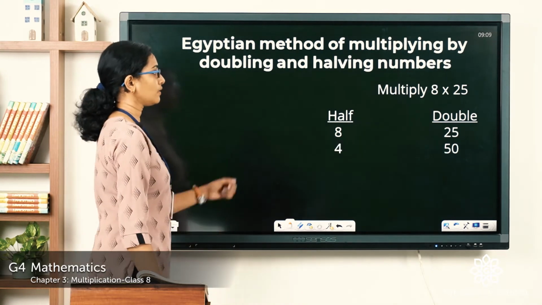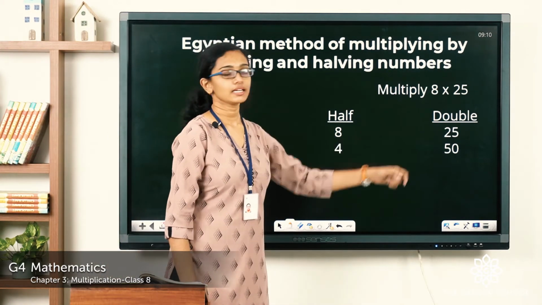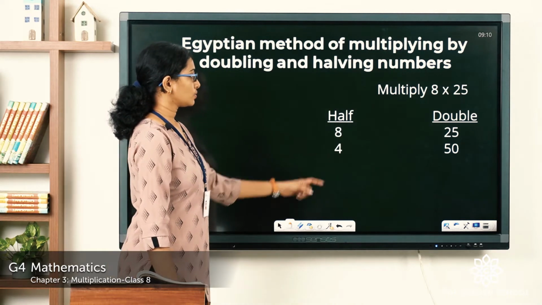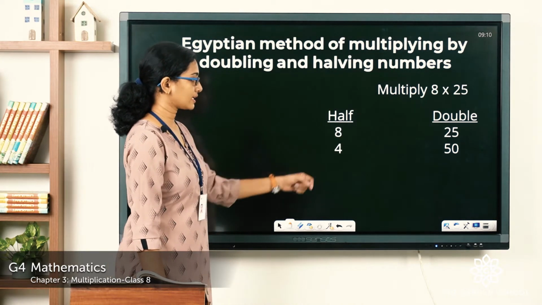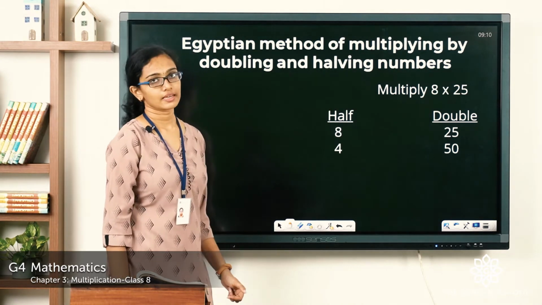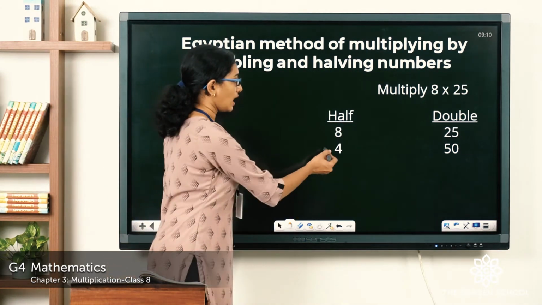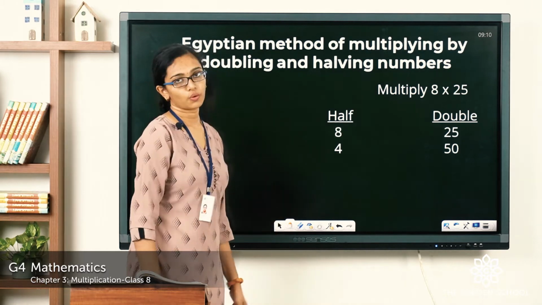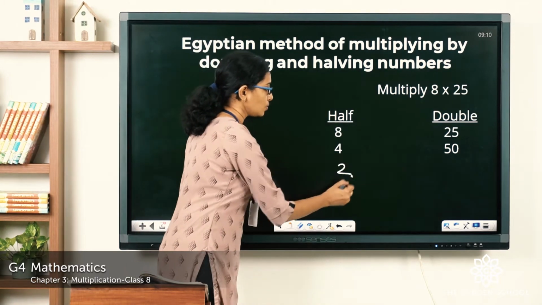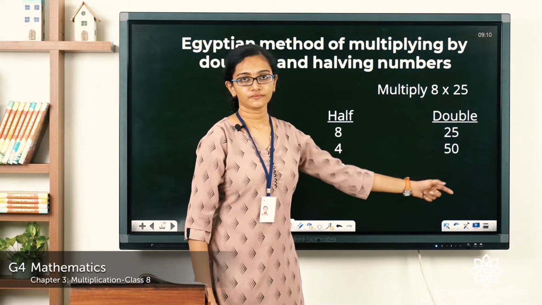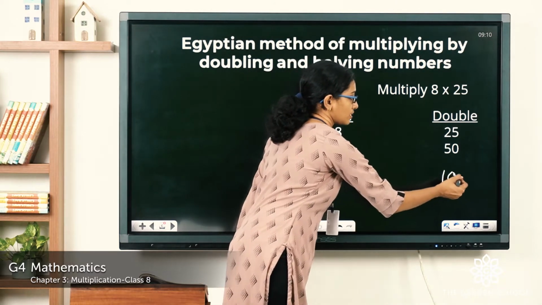Now the multiplicand is 4. It's also an even number. Now we have to divide that by 2 again. So halving 4 gives you 2, and doubling 50 will give you 100.